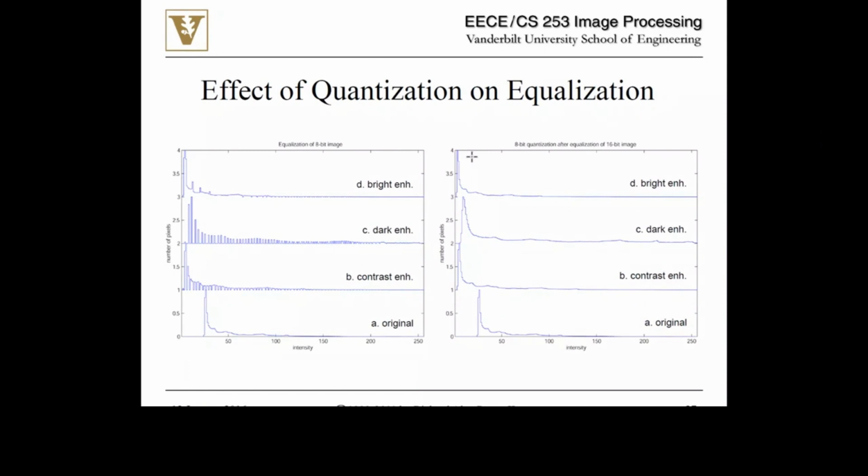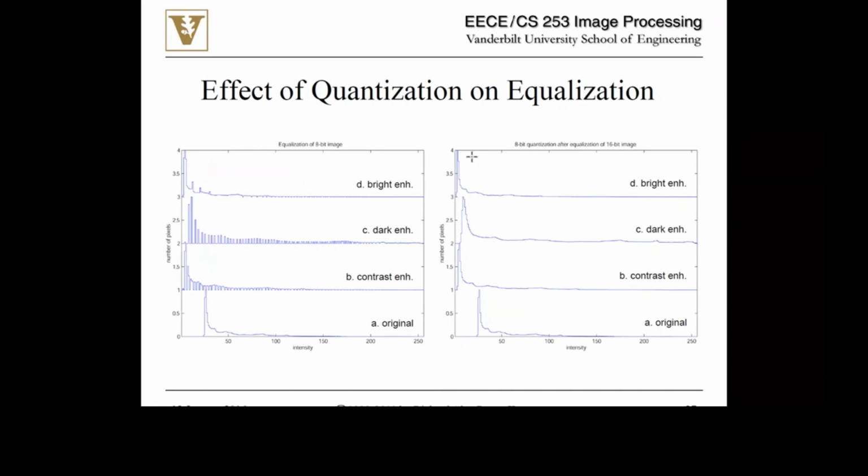Because with 16 bits we have many more values to represent, now we don't have those holes, and it is more continuous. My input here is between 0 and 255, but my output is much bigger, so I don't have those holes.